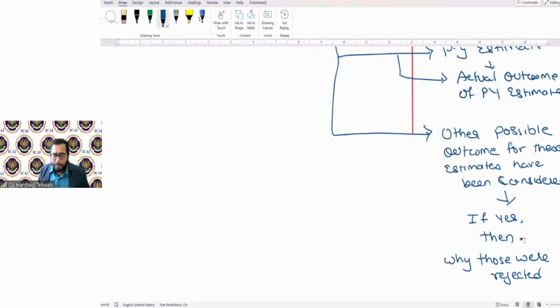It will be unfavorable, the litigation's outcome. If that was a possible outcome, then why did you reject it? Management will say I rejected it because all the facts and conditions of the litigation point that I am correct. It will come in my favor based on the preceding cases and everything. Then I'll evaluate why management did not consider this particular outcome and why management considered this outcome.